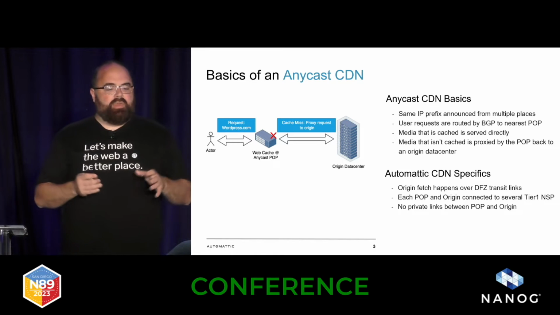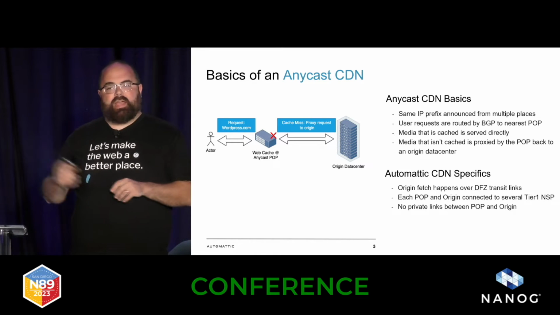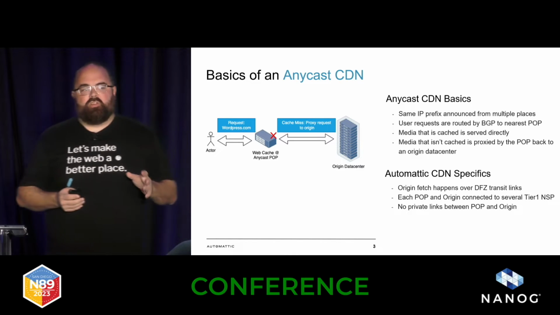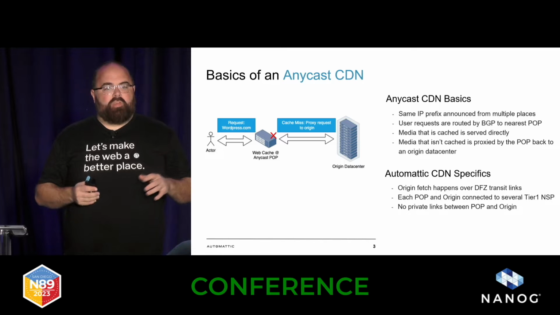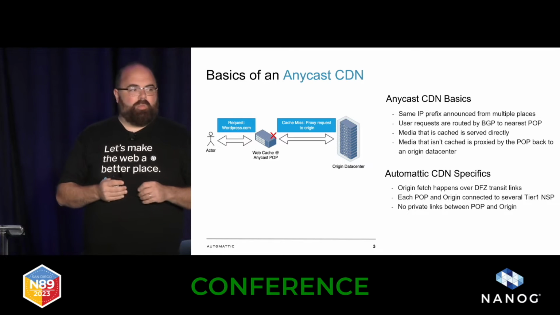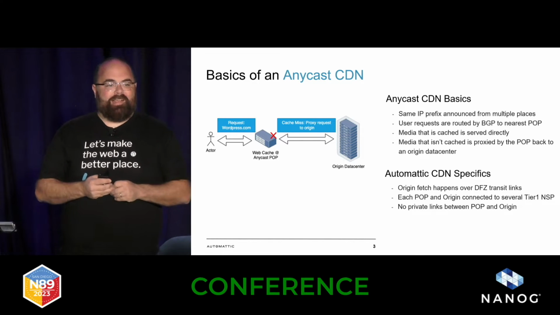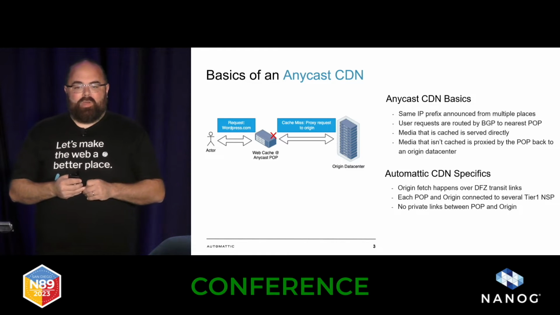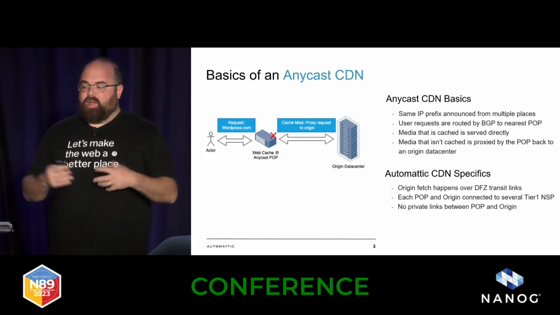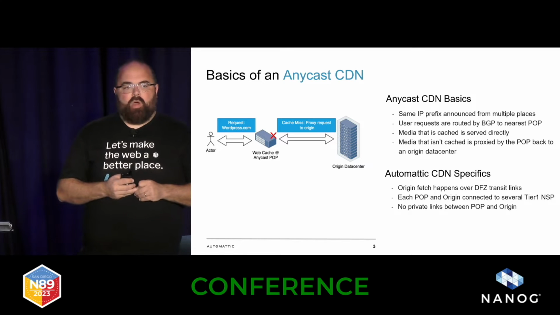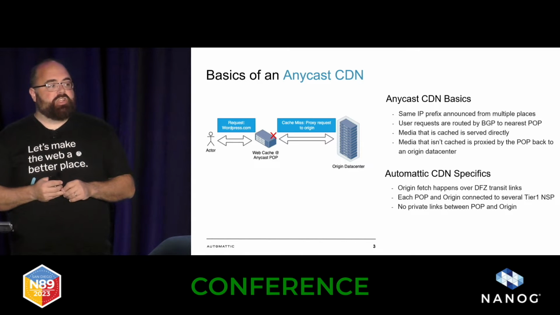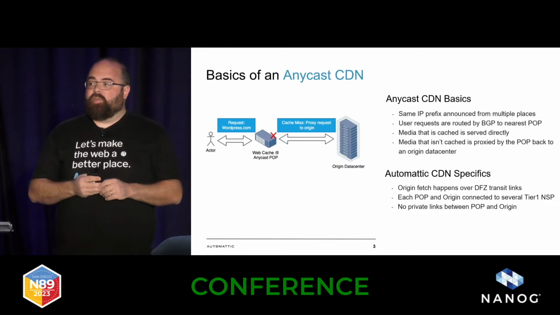So basically, the POP will proxy that connection back to one of our origin data centers. The origin data centers are the source of truth. They're where we house all of WordPress.com and all of Tumblr and all of WordPress VIP. Those are the places where all the databases live and everything is stored. So managing that 10% and that proxy communication is really important to us.